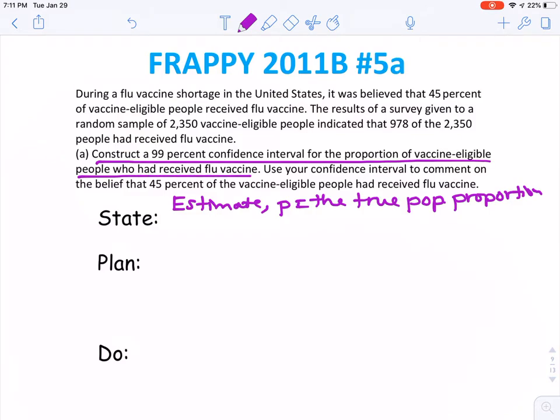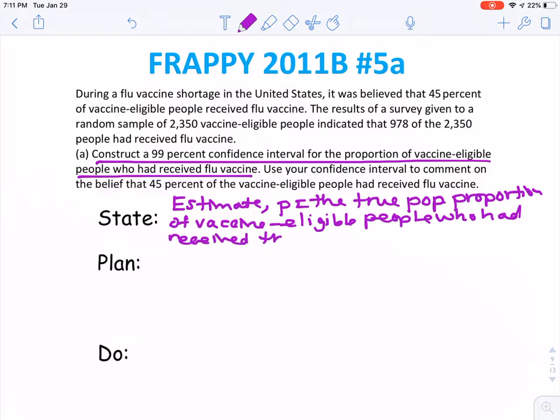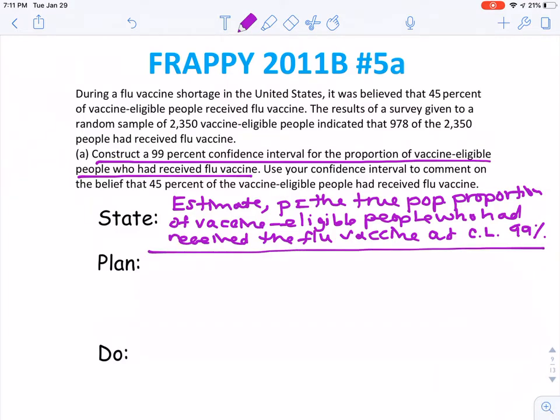This is what we're talking about, what we're estimating: the true population proportion of vaccine eligible people who had received the flu vaccine. Okay, and we're going to do this at a confidence level of 99%. So when we increase our confidence level, remember what that does. That increases our margin of error because it's going to make a much wider interval.